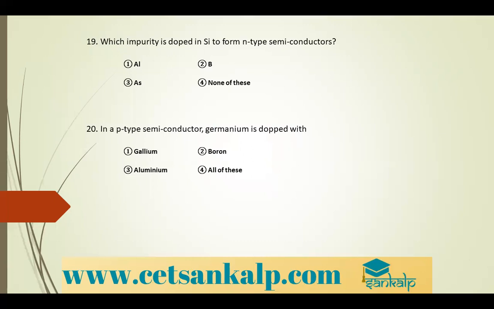Arsenic. So option 3. In N-p-type semiconductor, germanium is doped with, so option D, all of this.